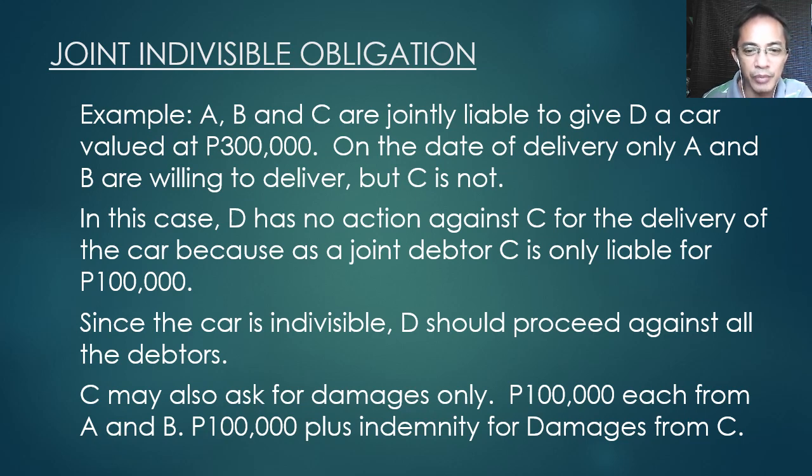But for C, pwede siya mag-ask ng 100,000 plus damages. So, ang ipa-file niya na kaso is 100,000 kukunin niya kay A and kay B. Walang damages because A and B are willing to deliver. Pero kay C, kukolekta siya ng 100,000 plus damages because of the unwillingness to fulfill the obligation.